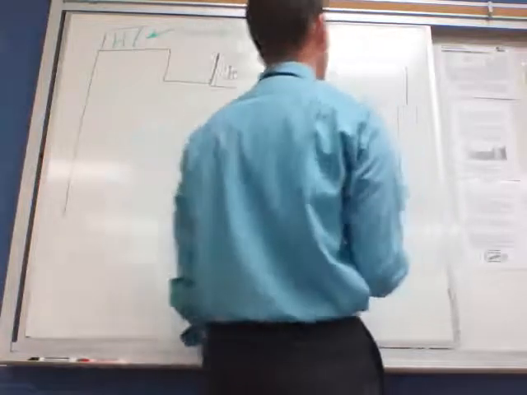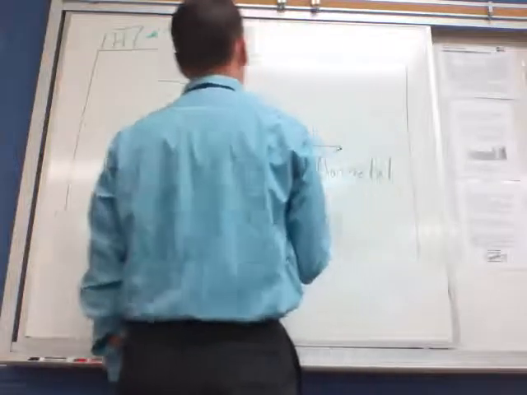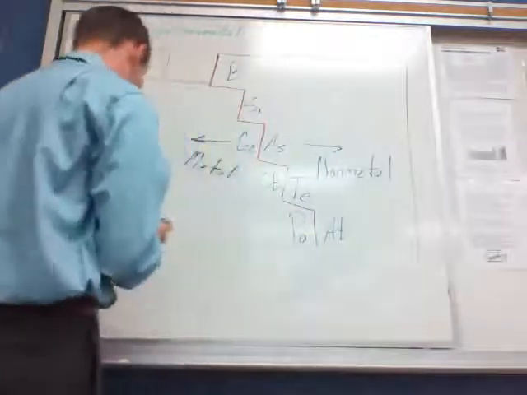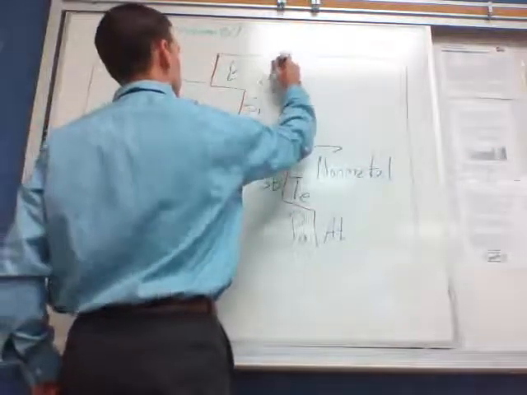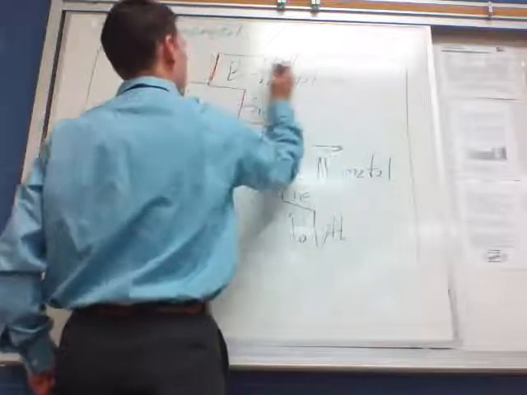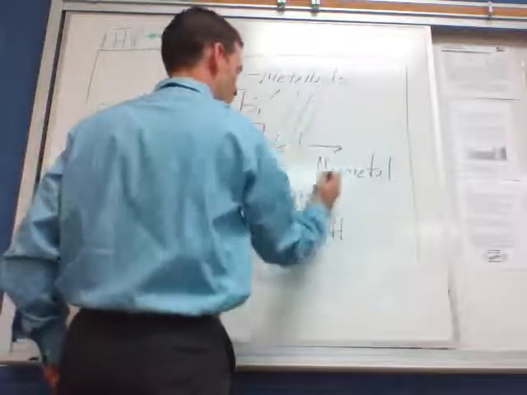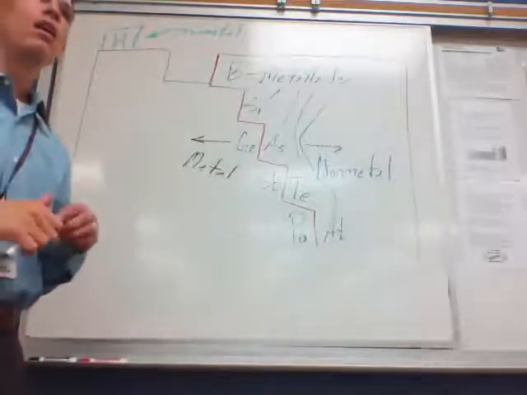For those of y'all that are writing what I write, it's going to make your notes much prettier in regards to remembering anyway. But it's these guys that are the metalloids, plus the ones on the other side.